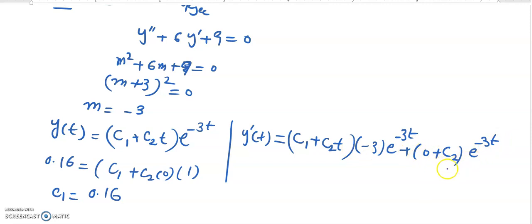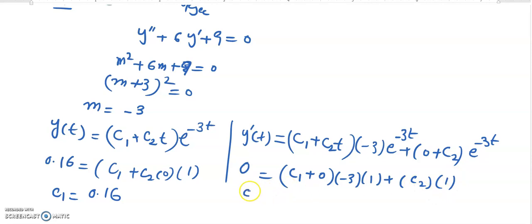I have applied the product rule. Okay, so y prime of 0 was 0, so c1 plus 0 minus 3 into 1, and then it will be c2 into 1. So here I get 0, it is minus 3c1 plus c2. So from here c2 is equal to 3c1, so it is 0.48.